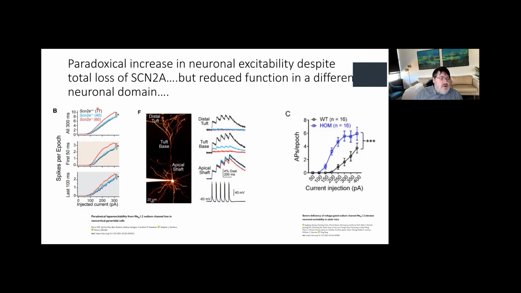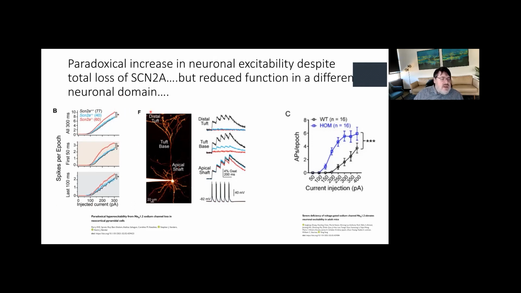In the black, mice that had a full complement of SCN2A sodium channels, mice in blue that had only half a complement, and mice in red that had no SCN2A. And what they found in the animals that had no SCN2A, that excitability of the neurons, as shown by this upward shift of this red curve, was greater than the other 2 groups.